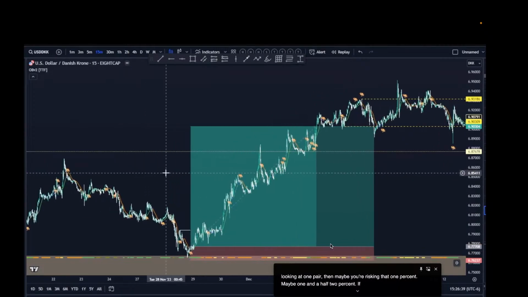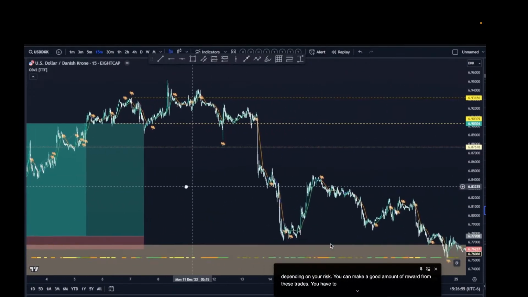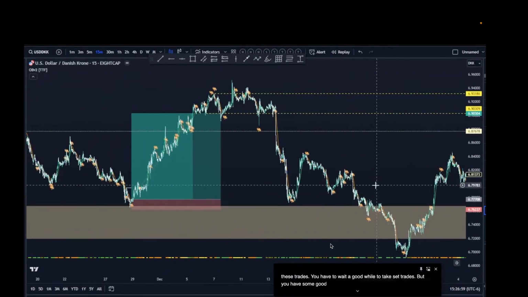But if you want to see more trade opportunities, looking at 3 or 4 pairs, then I would consider 0.5 to 1% depending on your risk. You can make a good amount of reward from these trades. You have to wait a good while to take said trades, but you have some good opportunities.